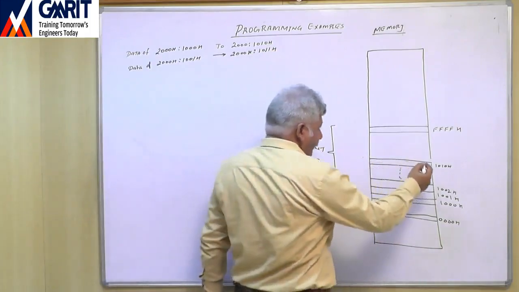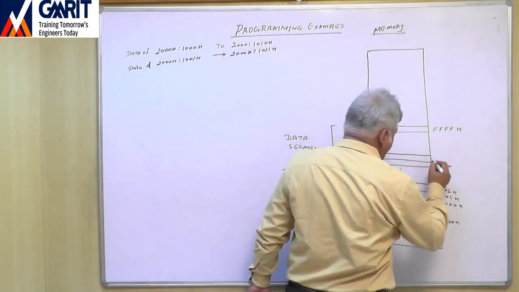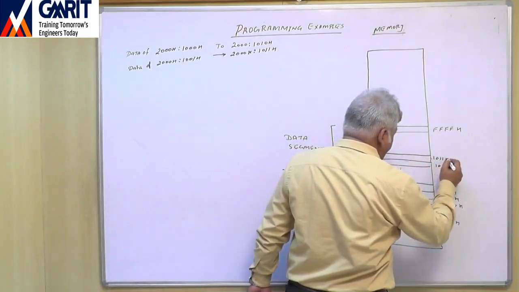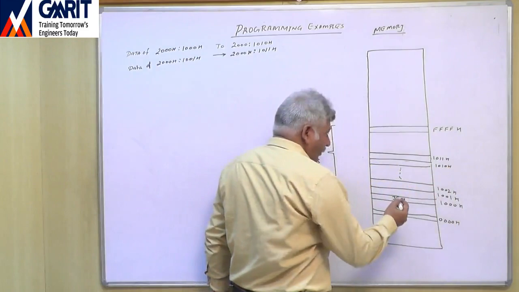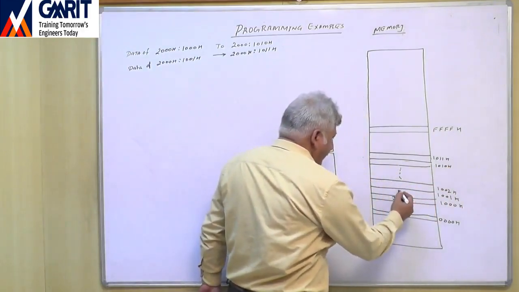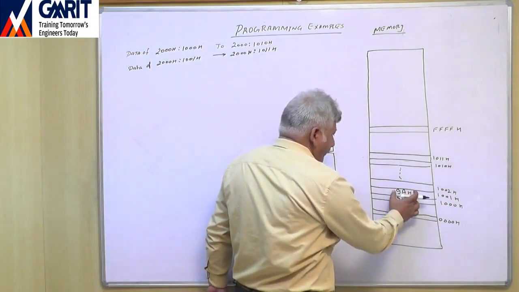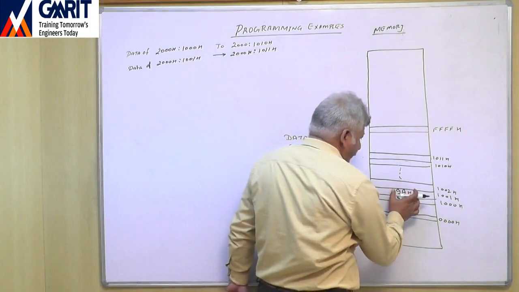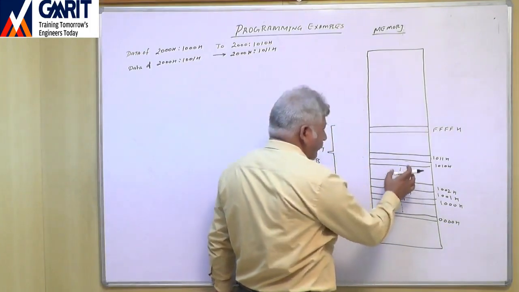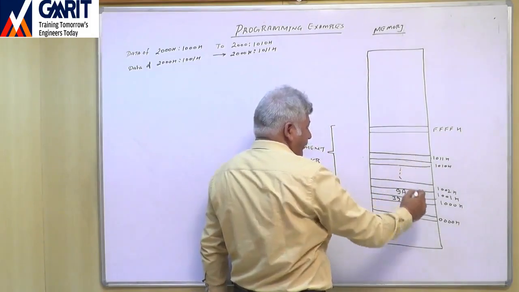This is 1010, and the next location will have the offset 1011H. So the data which is at 1001, let us assume some data 9A, we require it to be moved from this offset to the offset 1011 here.